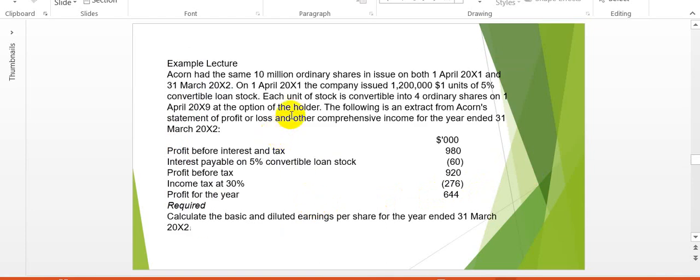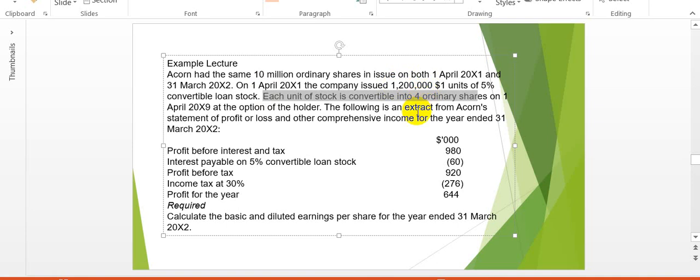And also, because they've decided to convert, the condition of conversion is that each unit of stock will be converted into 4 ordinary shares. So we are going to multiply the 1,200,000 units of loan stock times 4 ordinary shares to give you 4,800,000 shares.